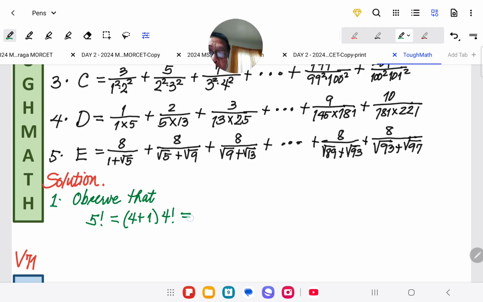And then distributing the 4 factorial over the terms inside the parentheses, we have 4 times 4 factorial plus 4 factorial.